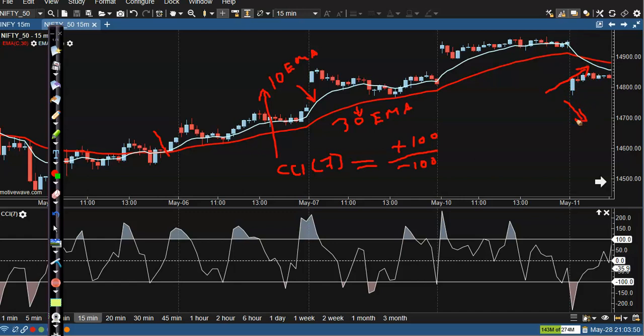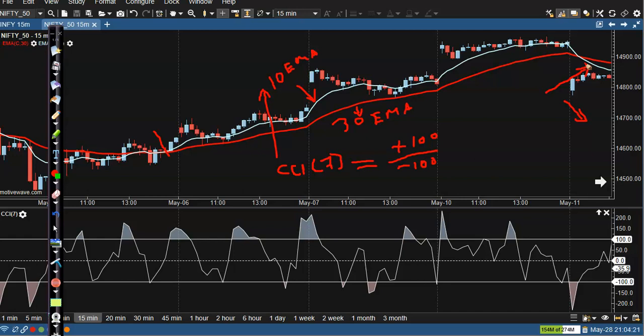When the trend is up, we are looking for buy. Is it clear? The 10 moving average is the white one. When the 10 moving average is below the 30 moving average, the trend is down, so we are looking for short only.